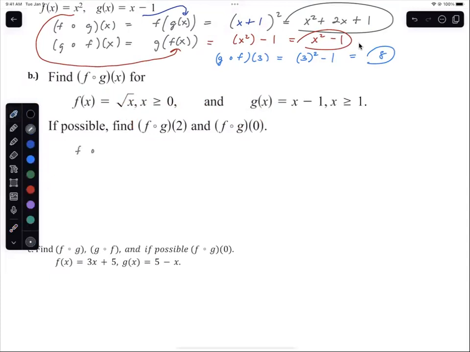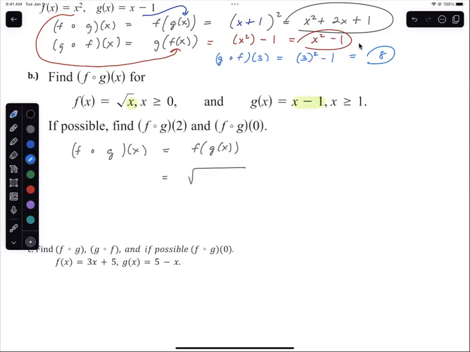So f composed with g of x means f of g of x. So wherever we see an x in f of x, we're going to replace it with the entire g of x function. So f composed with g of x is the square root of g of x replacing x in the function.